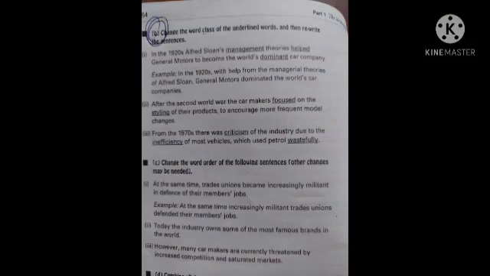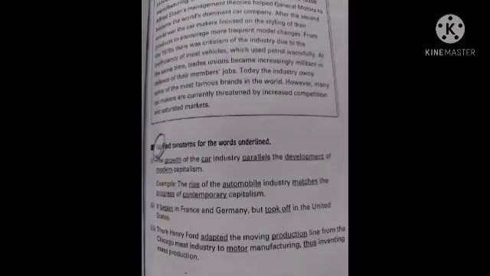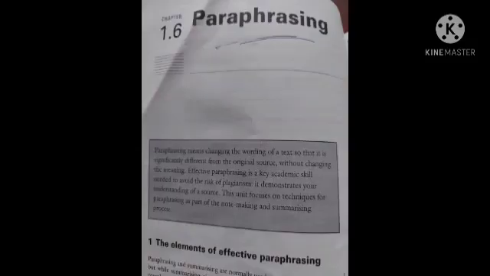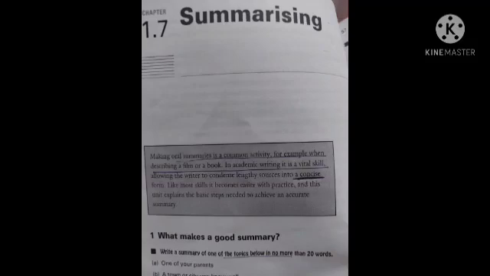Elements of effective paraphrasing. What I need to say is that you can follow this unit and you can follow with me on page 50, in your book. Page 50. Paraphrasing and summarizing are normally used together in essay writing, of course.